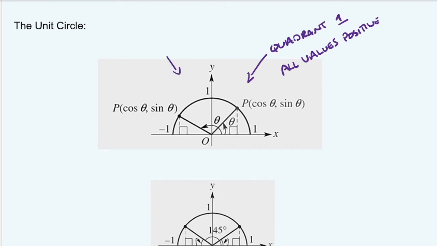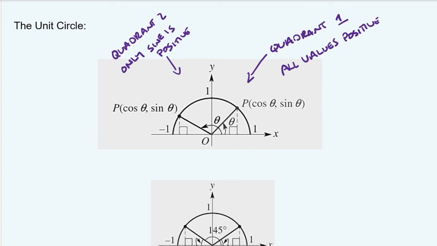This side, which is quadrant 2, only sine is positive. Really important to remember as we're exploring a couple of little bits and pieces around our unit circle and around our values.